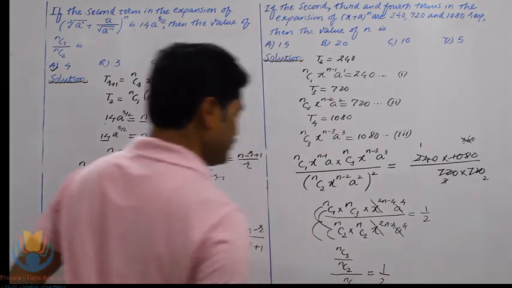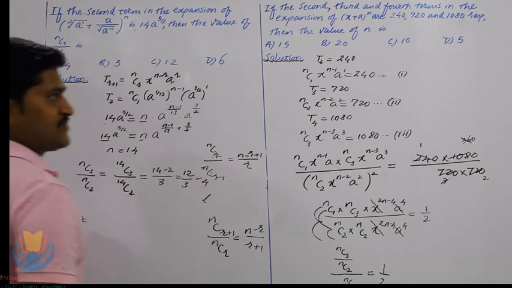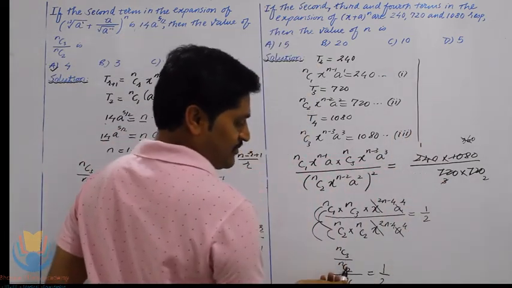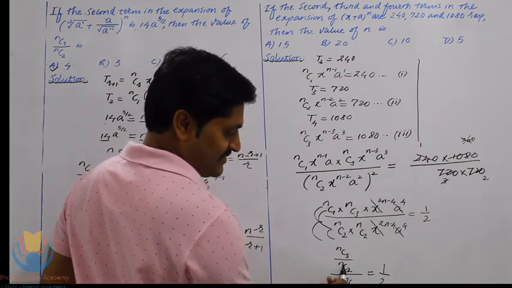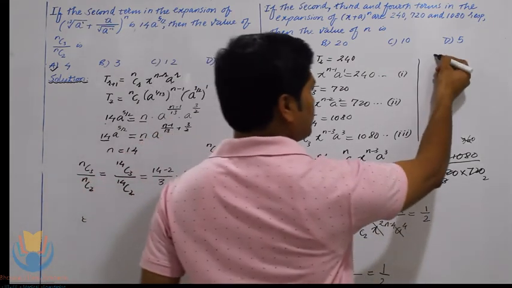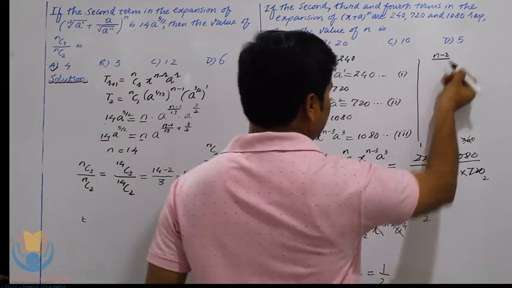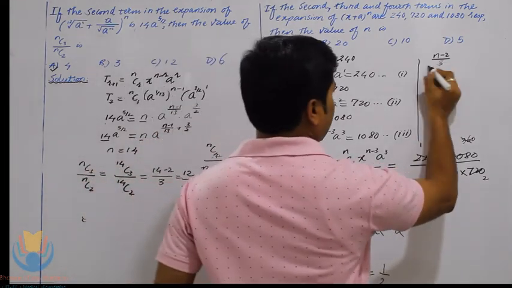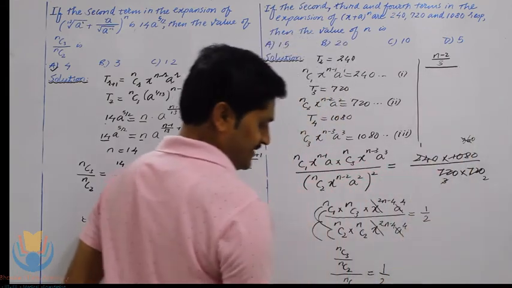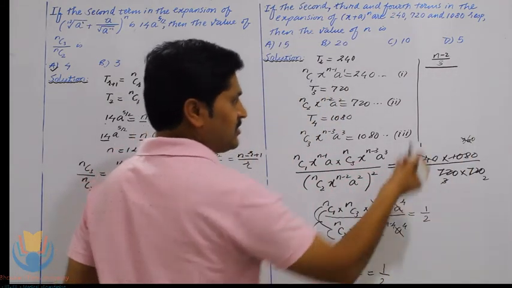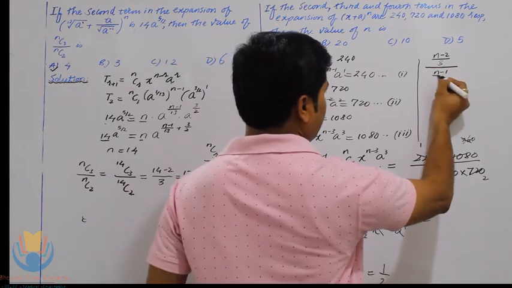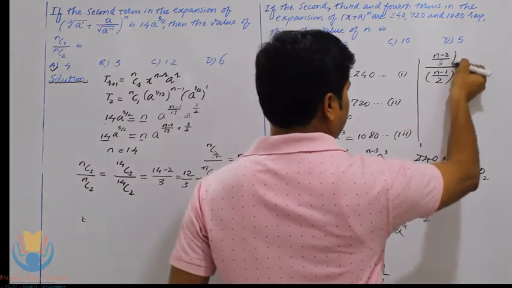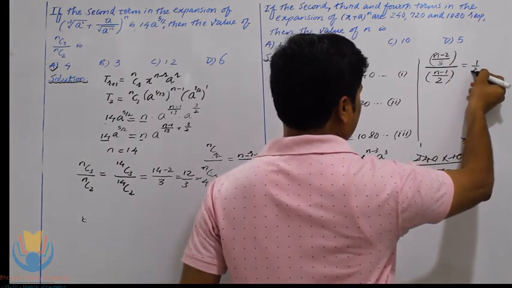So again we will use the same formula, and the remaining part we will write here. So nC3 upon nC2 is nothing but, as I said, n minus 2 is to be written first, and in the denominator of that the value of r, that is 3, and that whole upon, again the same thing we will apply, n minus 1 first we will write as per the formula, that upon 2, and that is equal to half.